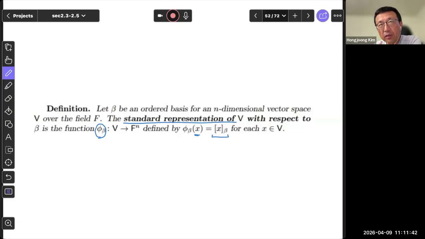So the vector x is mapped to its coordinate.